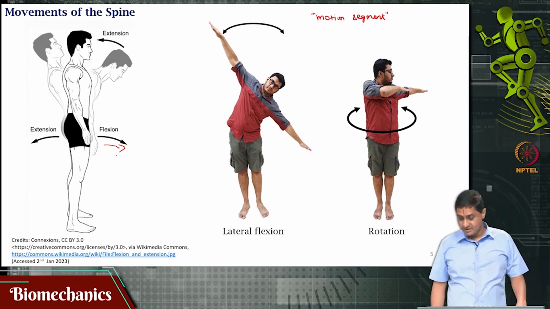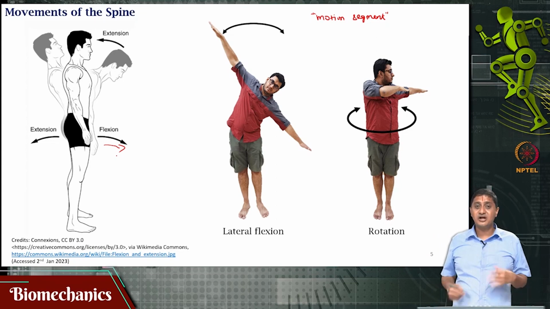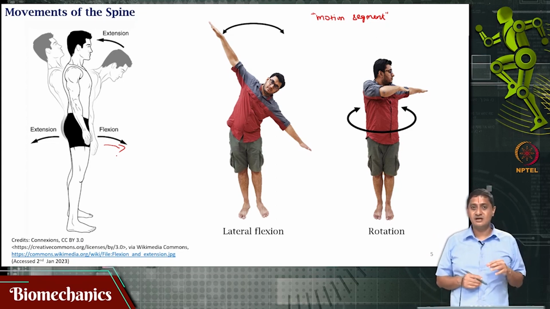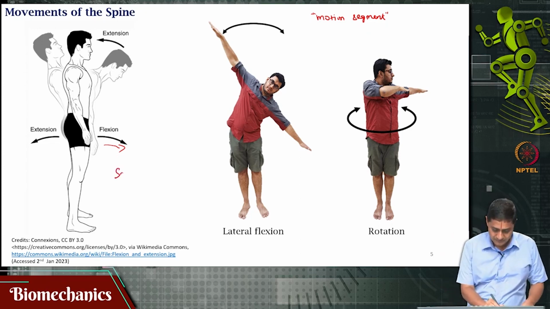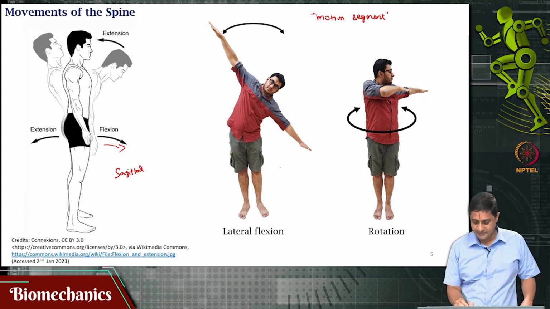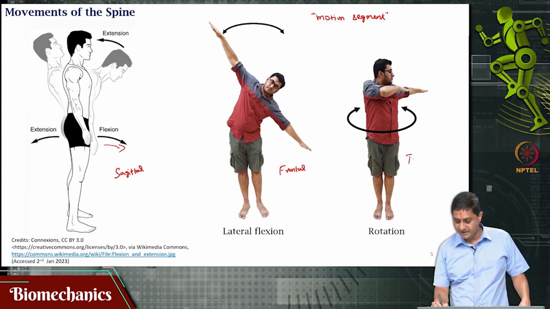Remember, we discussed anatomical planes and axes way back in the first or second week of this course. I request you to go back and review that content once, on which planes these movements are happening. Flexion extension is happening in the sagittal plane, lateral flexion in the frontal plane, and rotation in the transverse plane.